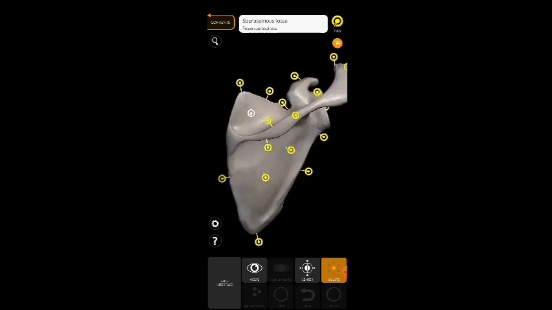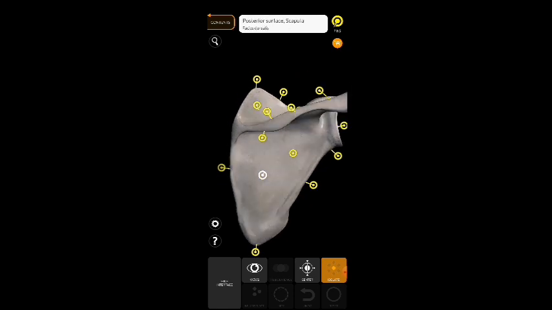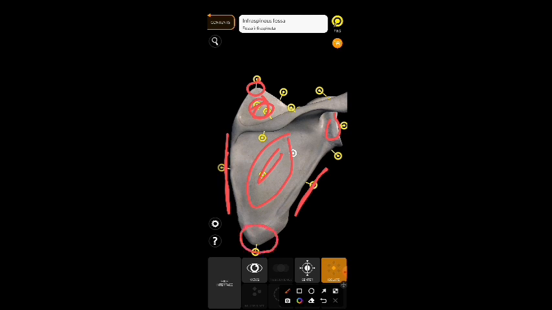This is the supraspinous fossa, this is the infraspinous fossa. The infraspinous fossa is larger than the supraspinous fossa. This is the medial border, this is the lateral border. This is the lateral angle, the superior angle, and the inferior angle, and the lateral angle is also called the glenoid angle.